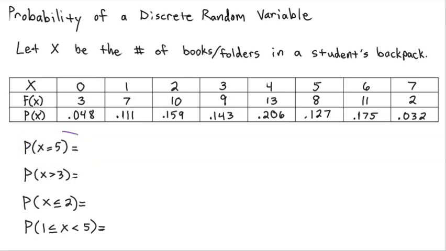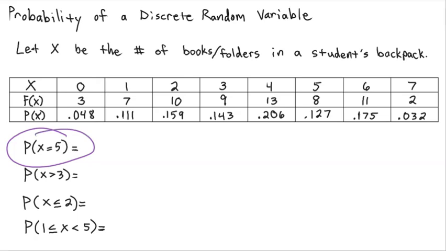Okay, and we have basically 4 kinds of questions that we can be asked. We can be asked about the probability that x, the discrete random variable. Remember, x is the discrete random variable. X is just representing the number of books or folders in a student's backpack.